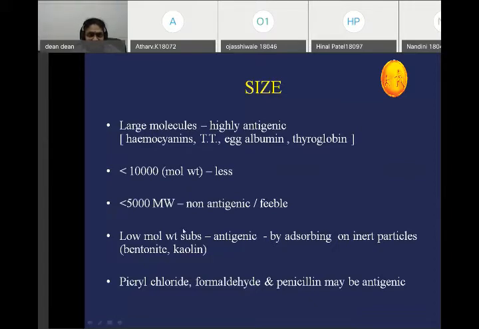We can convert non-antigenic substances into antigenic substances by adsorbing them on inert particles like bentonite or kaolin particles. Picryl chloride, formaldehyde, penicillin may be antigenic when they bind to a carrier molecule. So the second factor that will determine antigenicity of a substance is the size of molecule.